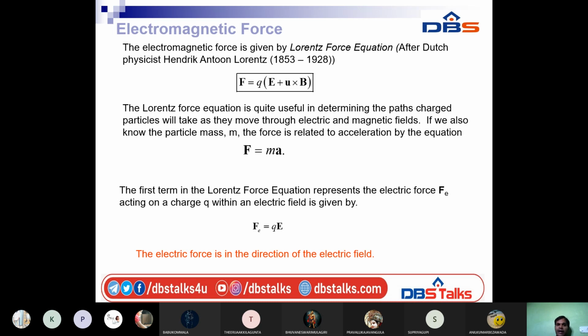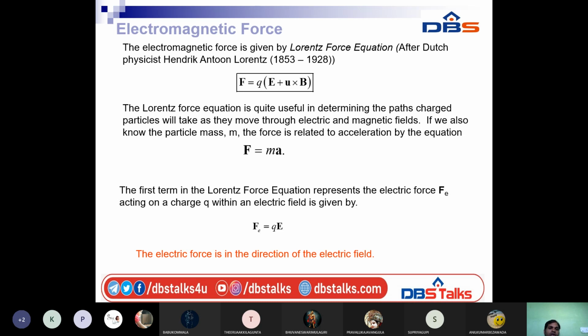So this is the formula for electromagnetic force, which means it is a force raised by the electric field as well as the magnetic field. That is why it is called the electromagnetic force. He invented the equation F equal to Q of E bar plus U cross B, where U is the velocity of the charge and B is the magnetic flux density.